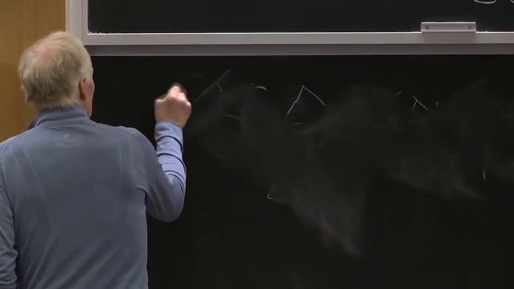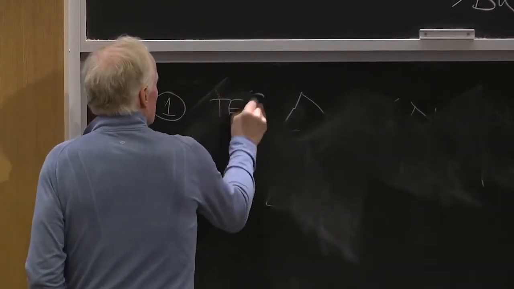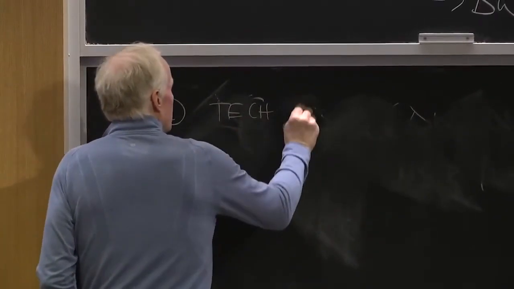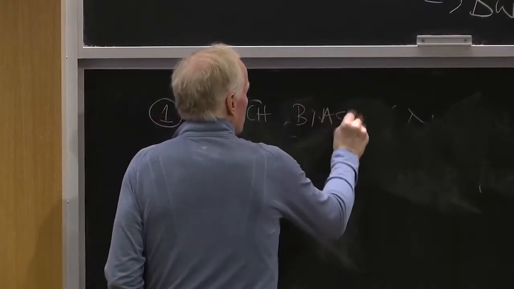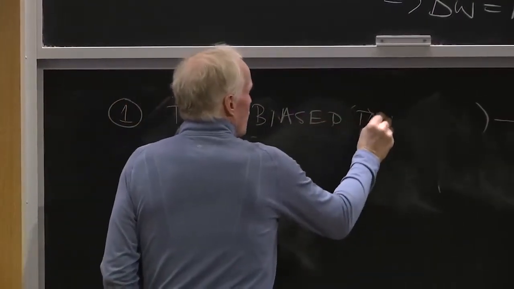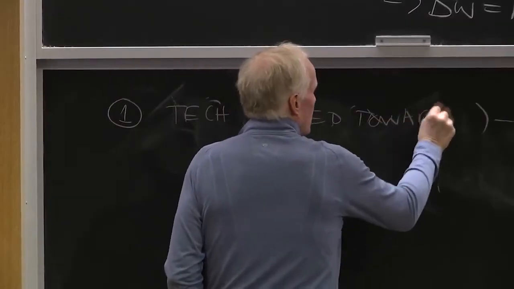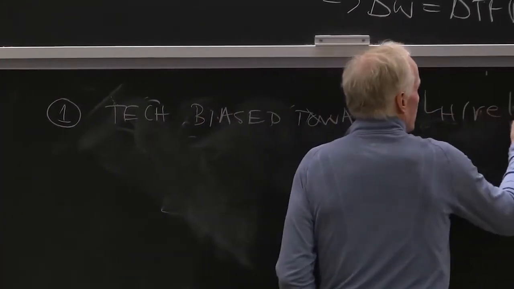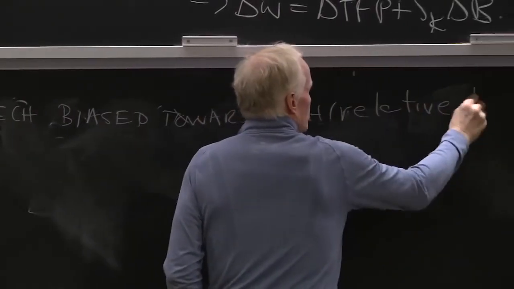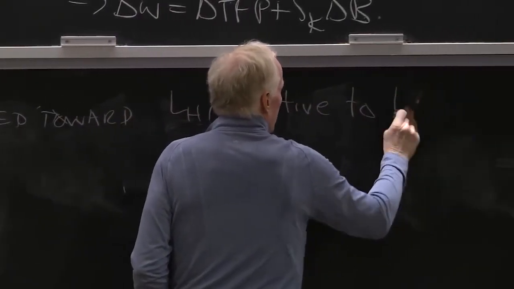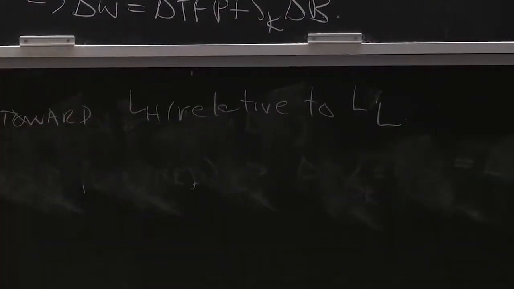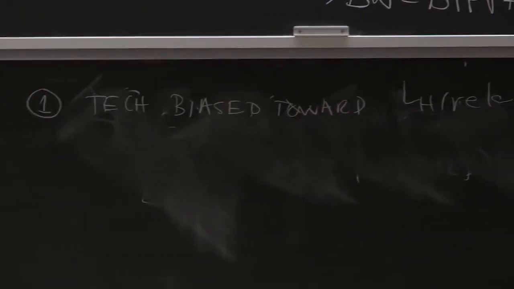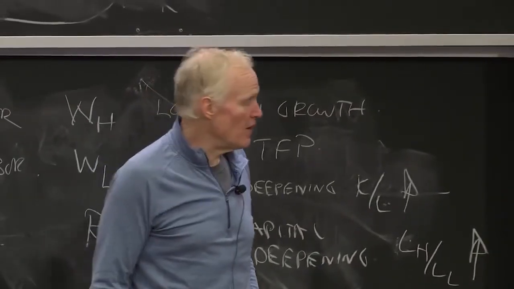One, technology bias toward LH relative to LL. I want to think about technical bias that's raising the demand for high skilled labor relative to low skilled labor. So that's one thing that's going on.